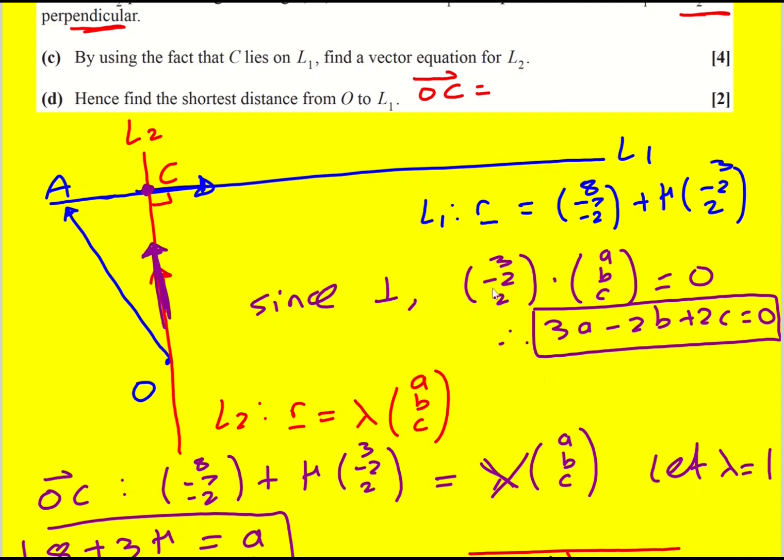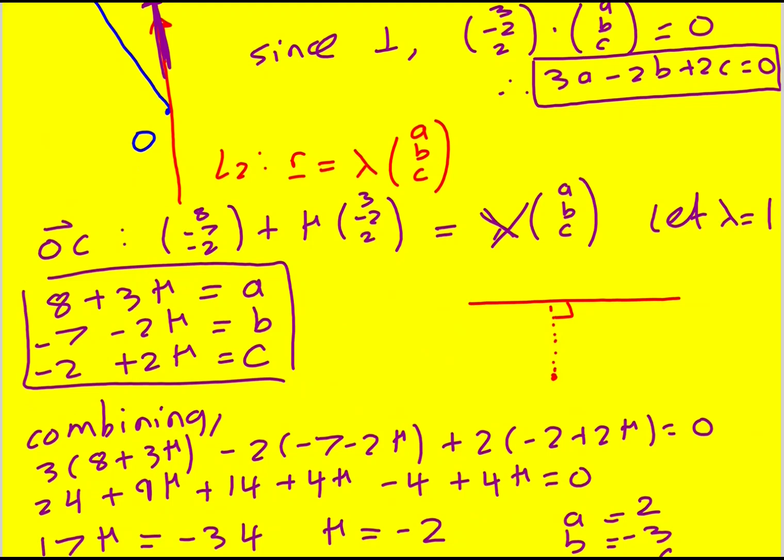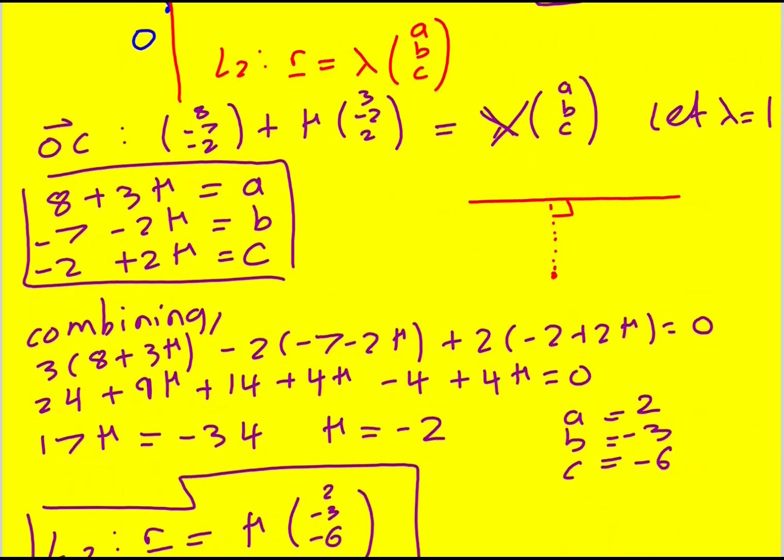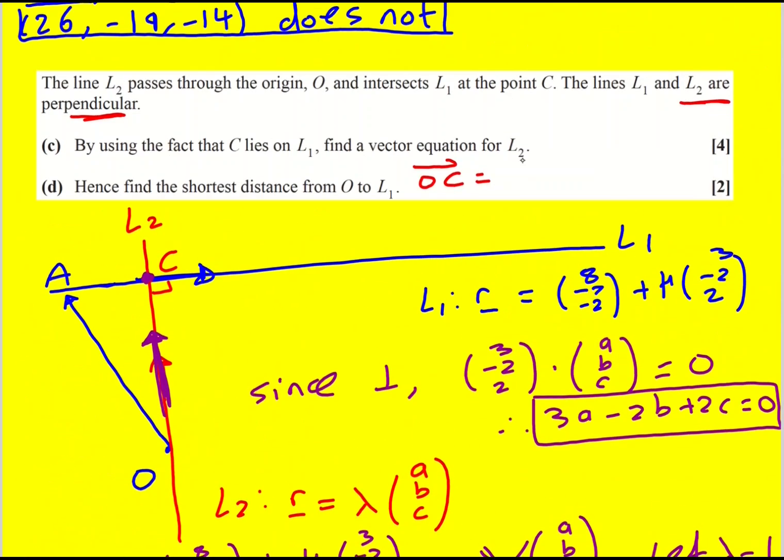When we worked that out, we said that it was just ABC. So OC for the shortest distance is going to be (2, minus 3, minus 6).